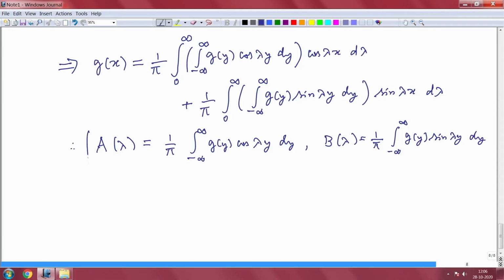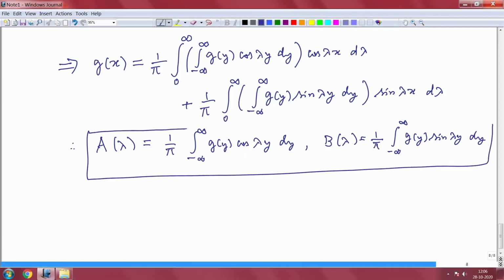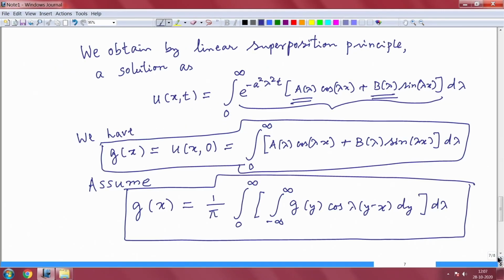So, though we have not justified any step, we are still able to obtain expressions for a lambda and b lambda, and now we plug these in and go back again. Our u of x, t is sitting here.